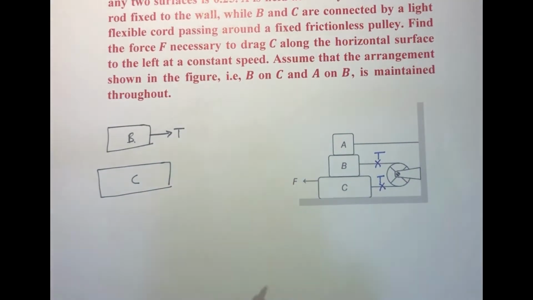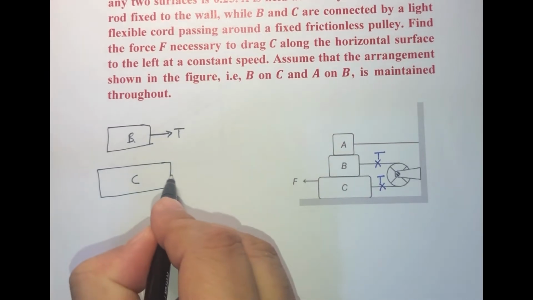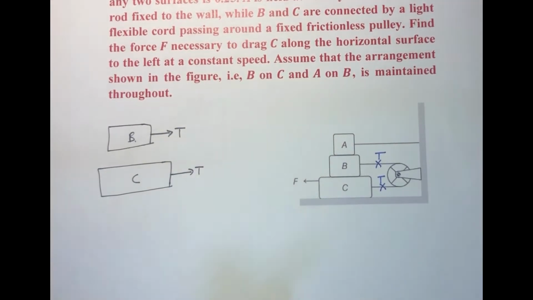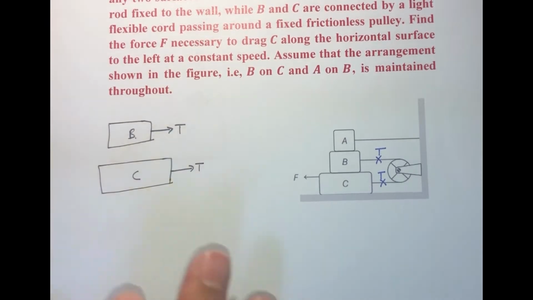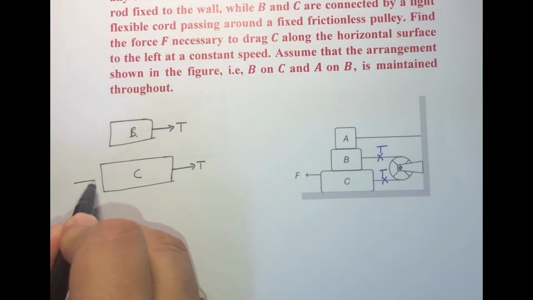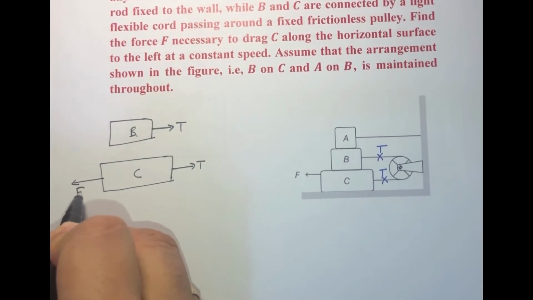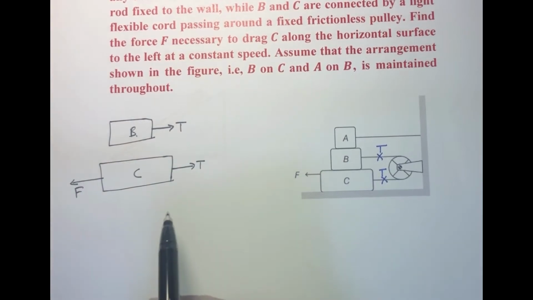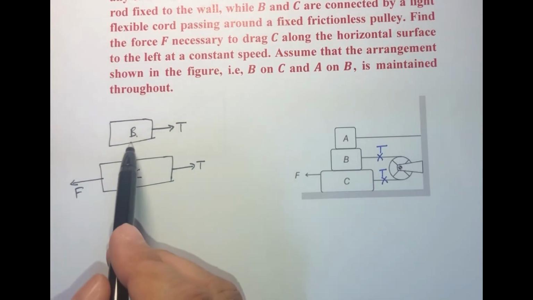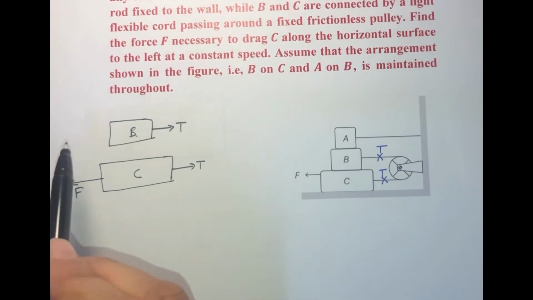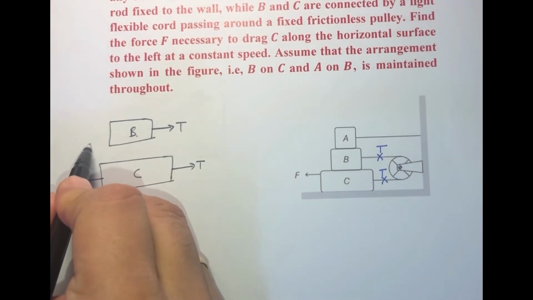Block C will also have a tension T, and the external force F is being applied on block C, and block C will try to force B to move towards the right.